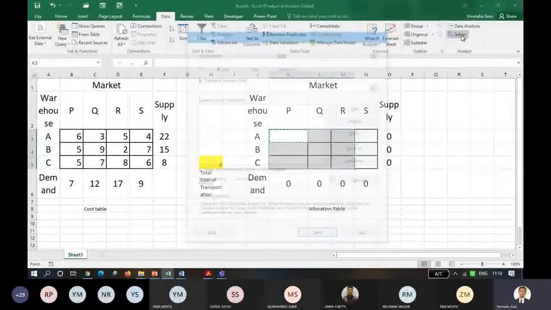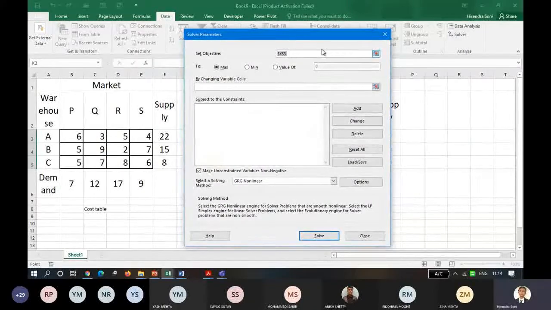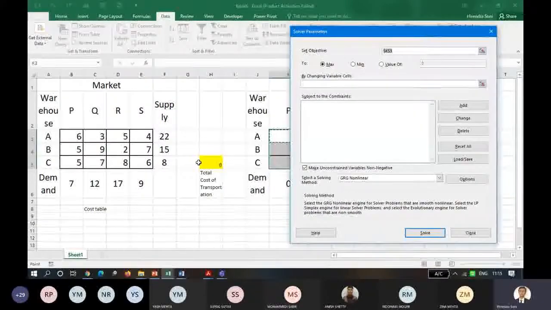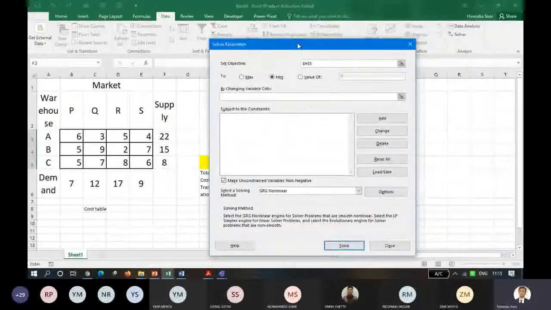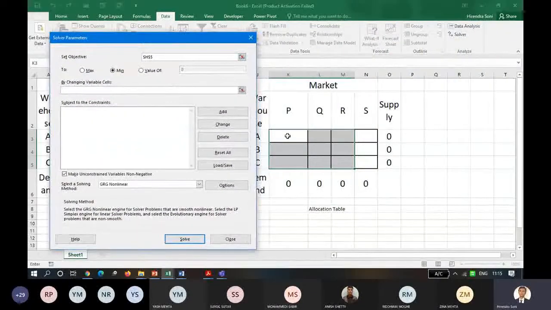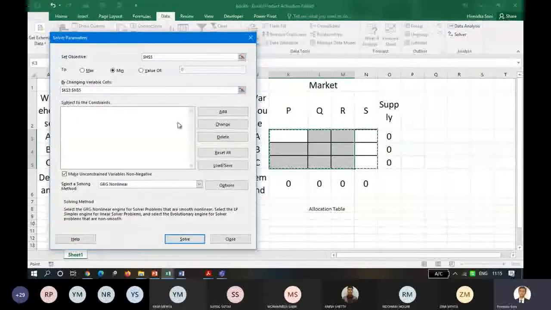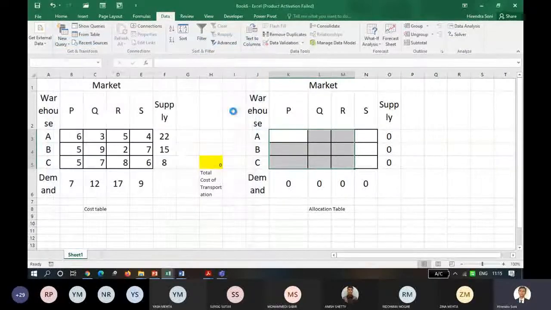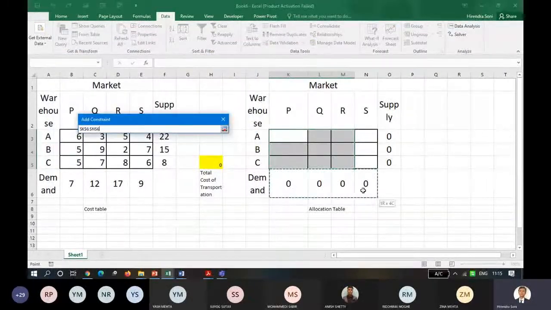Click on solver. What is my objective value? Objective value is this sum product. Here the objective is to minimize because we are talking about cost. The variable cells would be these cells, and my constraints would be, I will have a demand constraint.